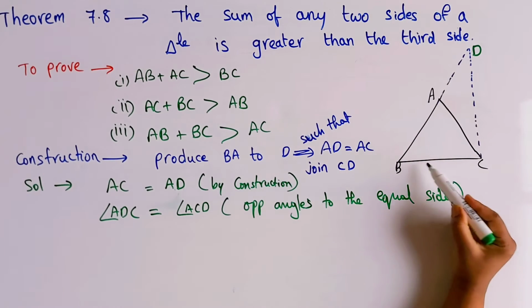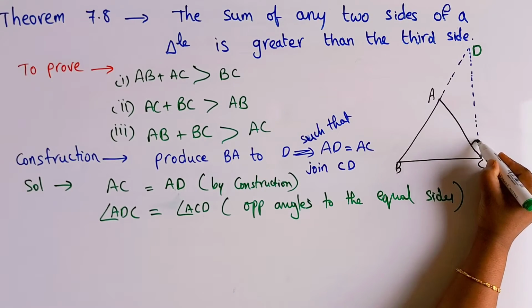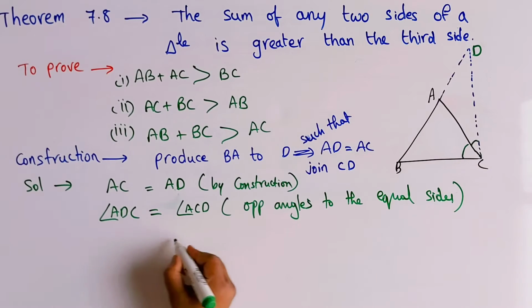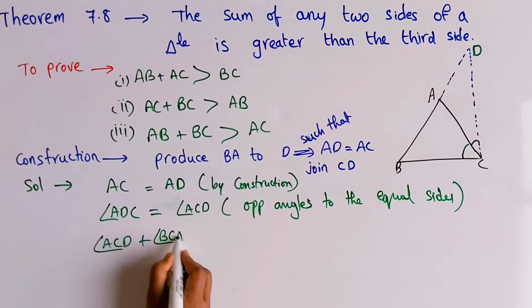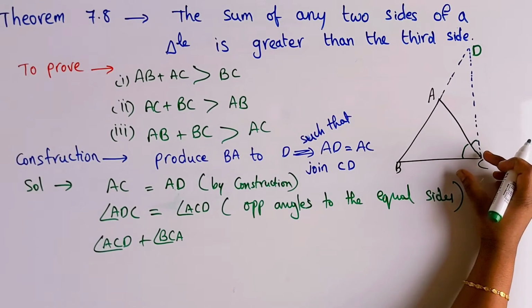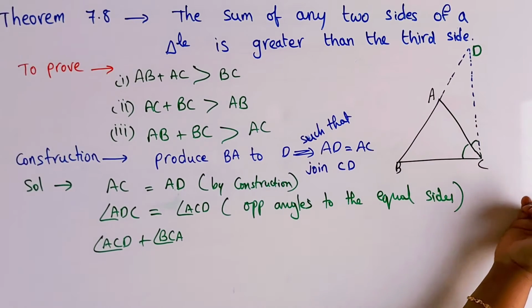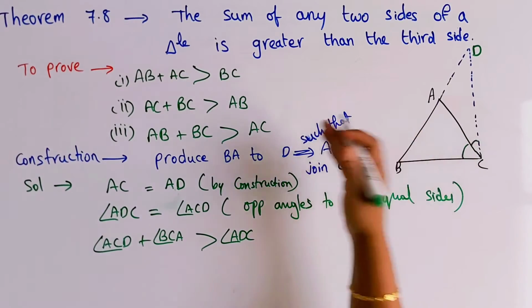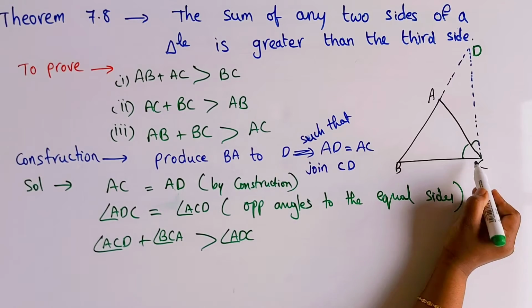If I add angle BCA to this small angle, angle ACD. See, this is angle ACD. If I add angle BCA, this part. So here angle ACD plus angle BCA, is it greater than angle ADC? Yes. Just now we proved in the last theorem, children, that the angle opposite the larger side is greater.